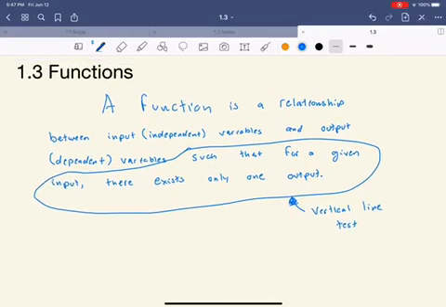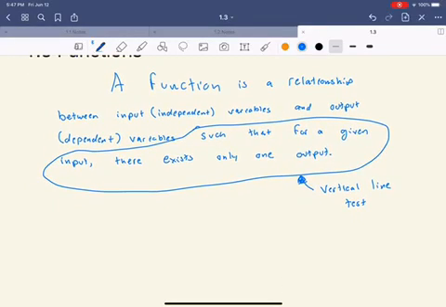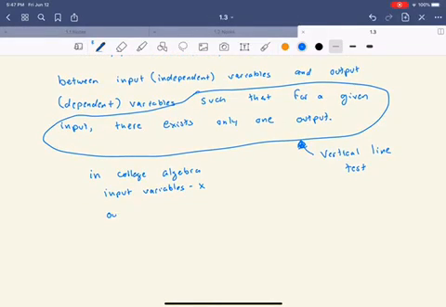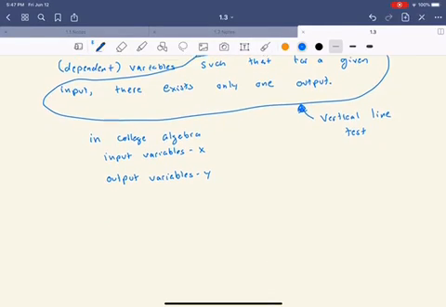Because in college algebra, our input variables are x, and our output variables are y.